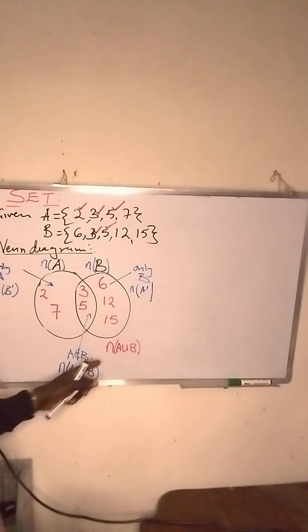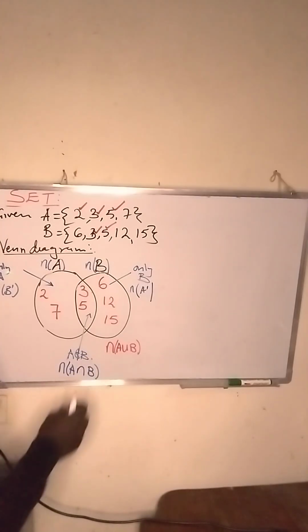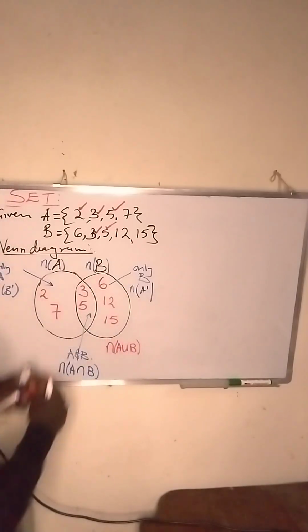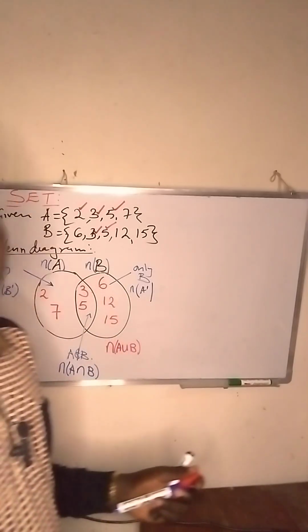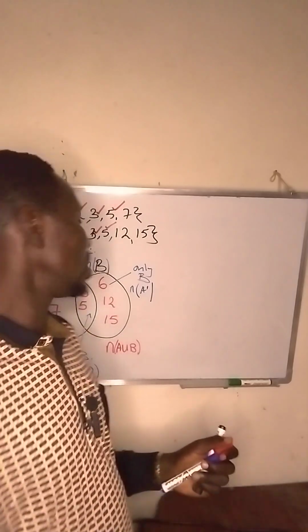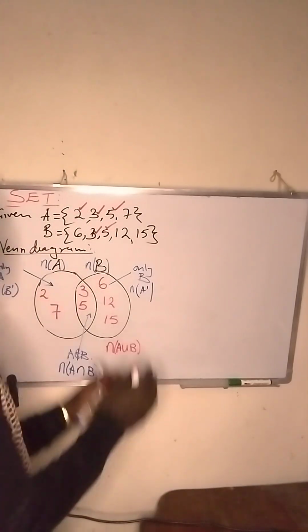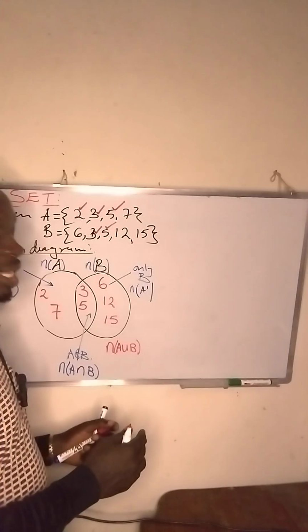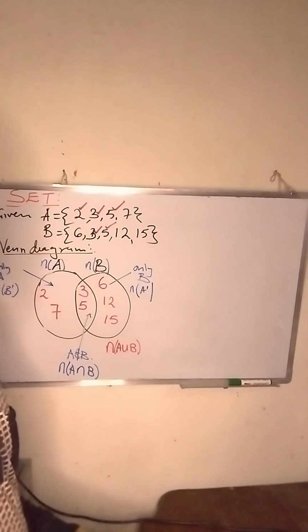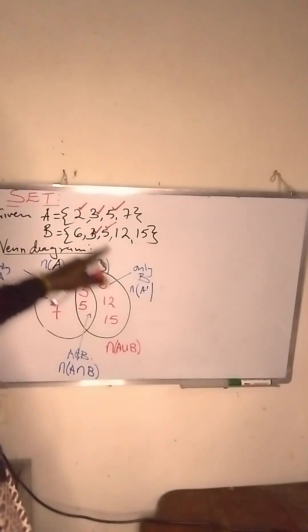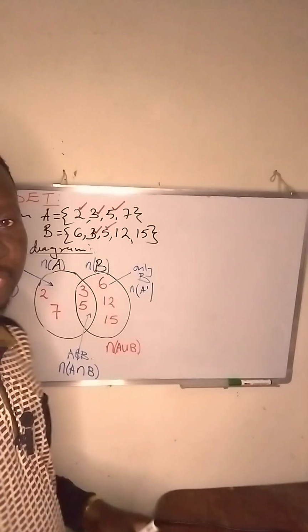The number of A union B means these are the members found within the whole set. When you add all the members within those subsets, you get what you call a universal set. Are we together? A universal set takes all the members within those subsets.